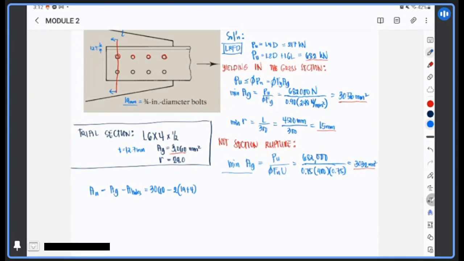Multiply by the thickness of our angle, 12.7 mm. That's our net area, 3,060 minus that, which is 2,475.8 square millimeter.